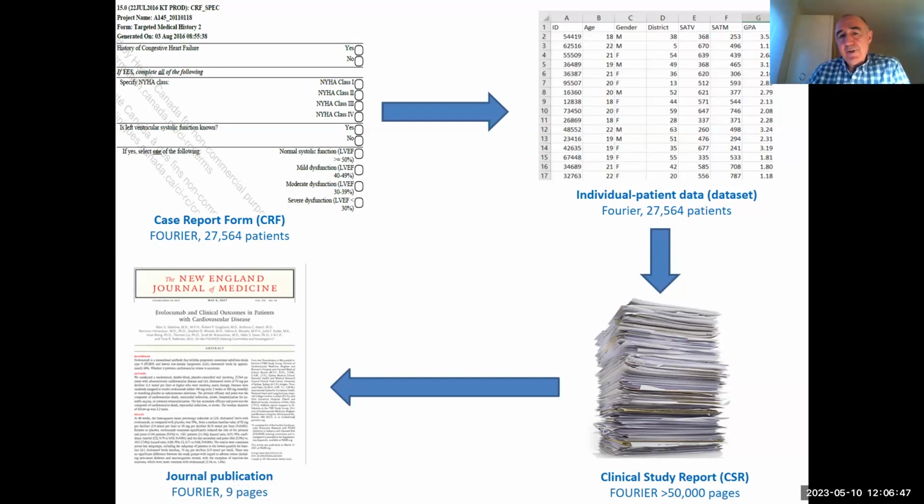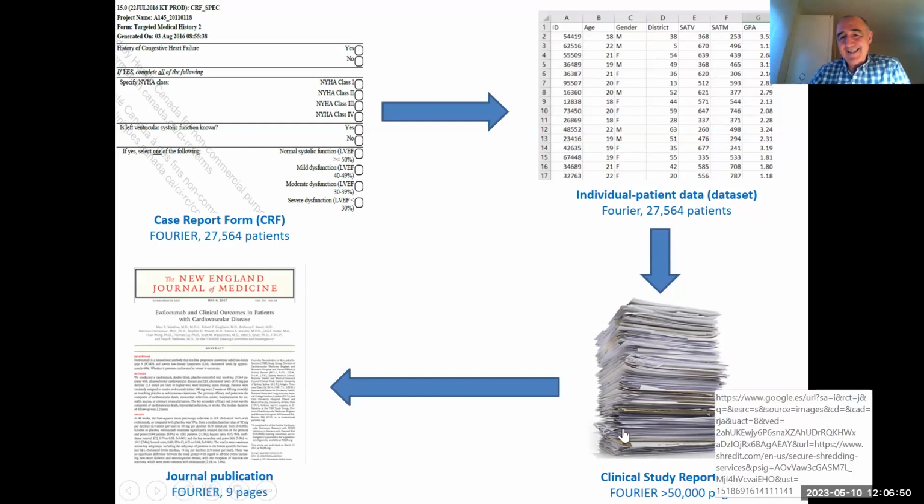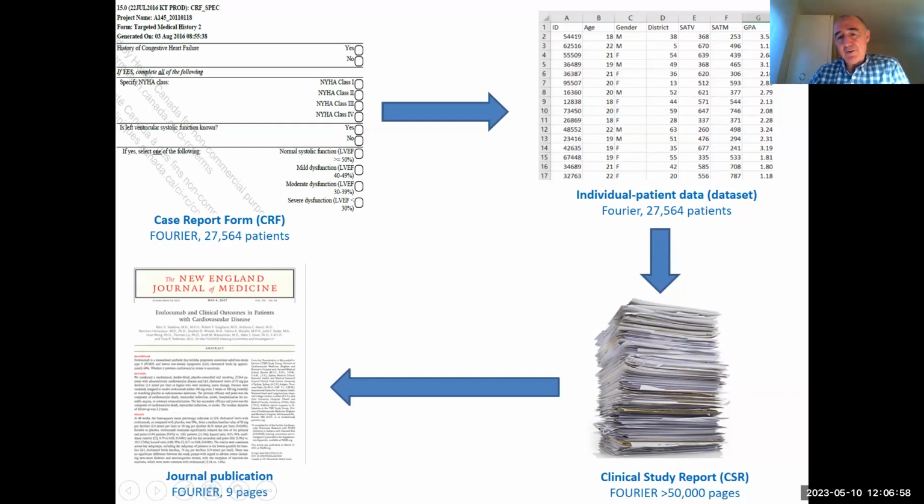So the very first thing we should think of is that this incredibly large clinical information, over 50,000 pages, will shrink, so to say, into a 9-page document. This means that a lot of important information will be left out. But what most people will read and base their decisions on is the medical journal publication.